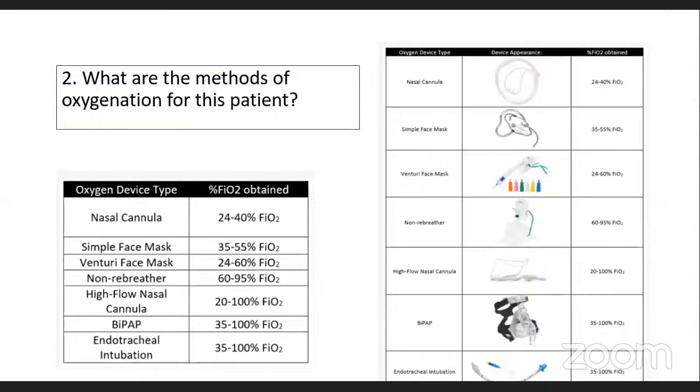Another option is to put on an NRBM and give 10 to 15 liters of oxygen initially, and then step down. That is a good way of doing this. So you can escalate from a face mask to a non-rebreathing mask, whichever is appropriate for the patient's respiratory distress.